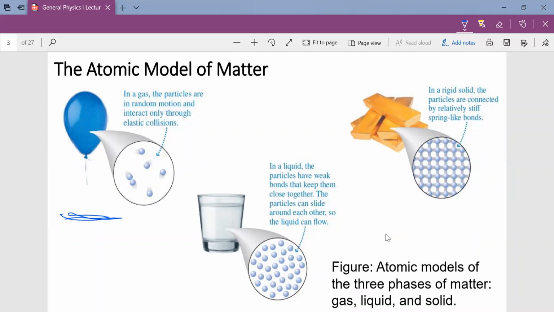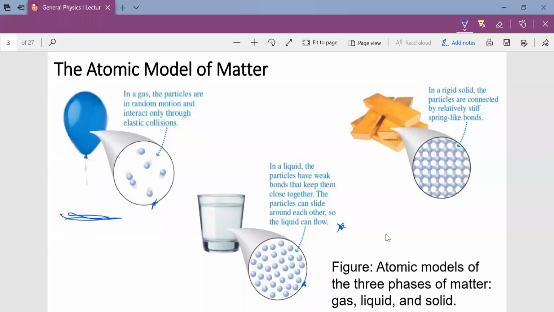Okay, so we see the particles of the gas, that they are spaced out, not fixed in a definite position, always undergoing random motion, interacting with each other and colliding with the wall of the container. And their collision is basically elastic. Okay, we see that of the liquid. We see that the particles are closely packed.